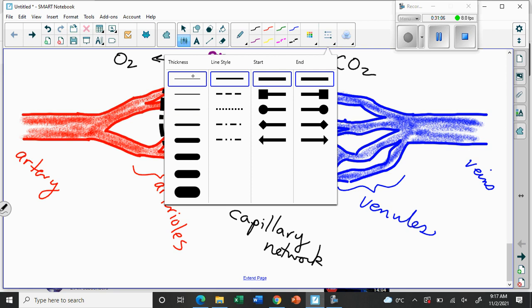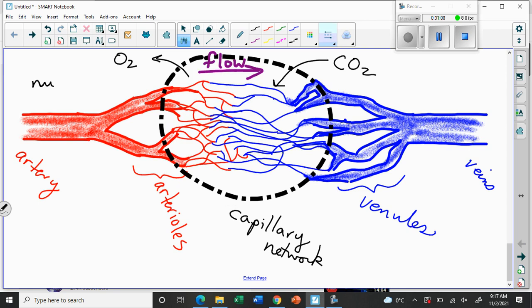If this happened to be not the lungs but the intestine, nutrients would be going into the blood as it passed over the intestinal microvilli, and then that would be carried by the veins back to the heart, so those nutrients could then be pumped all throughout the rest of the body.